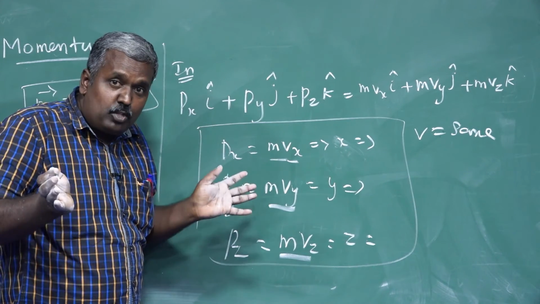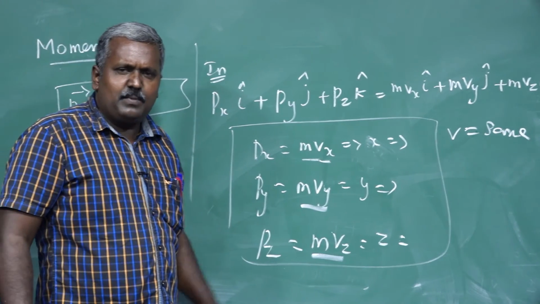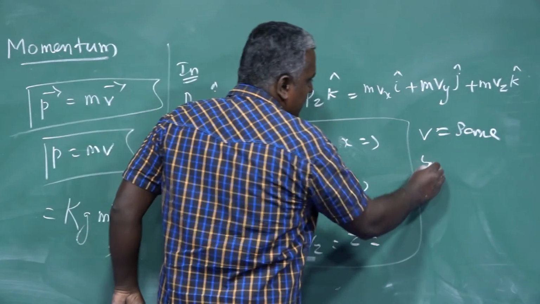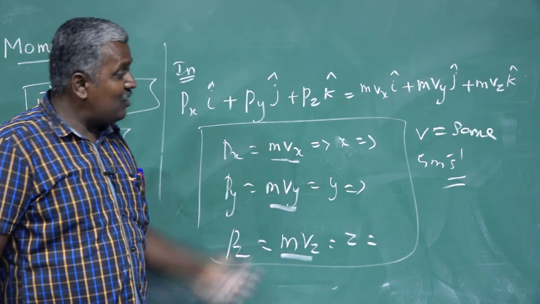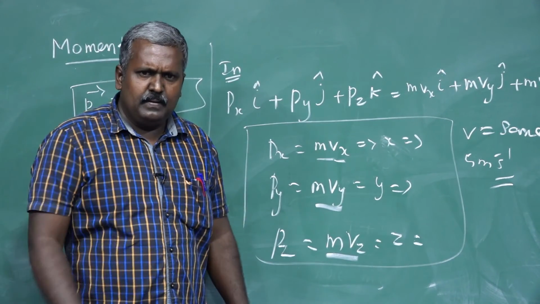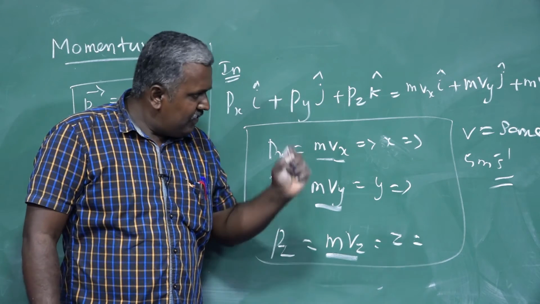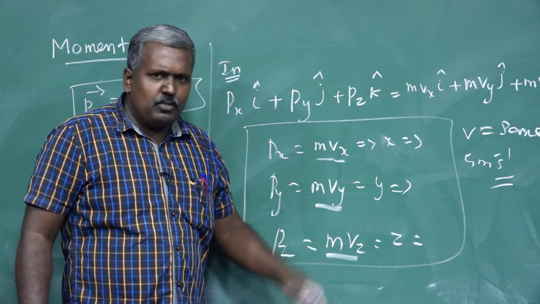No, it depends upon both mass and velocity. But here the velocity is the same, for example 5 meter per second for the mosquito and for the car. Both are traveling at the same speed. So which has the greatest momentum, car or mosquito?